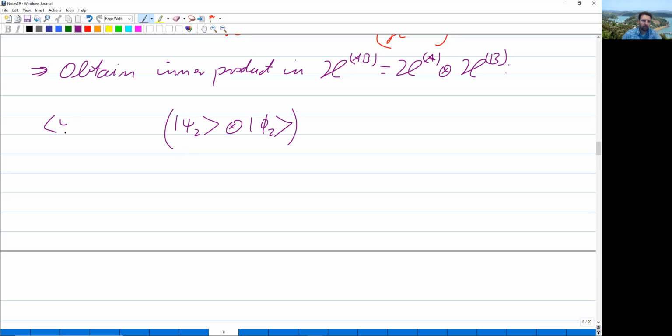So we get here psi1 star tensor phi1 star. And this is, by definition, again inherited from the constituent Hilbert spaces. No, not plus, sorry. Very important, it's a product: psi1, psi2 times phi1, phi2.